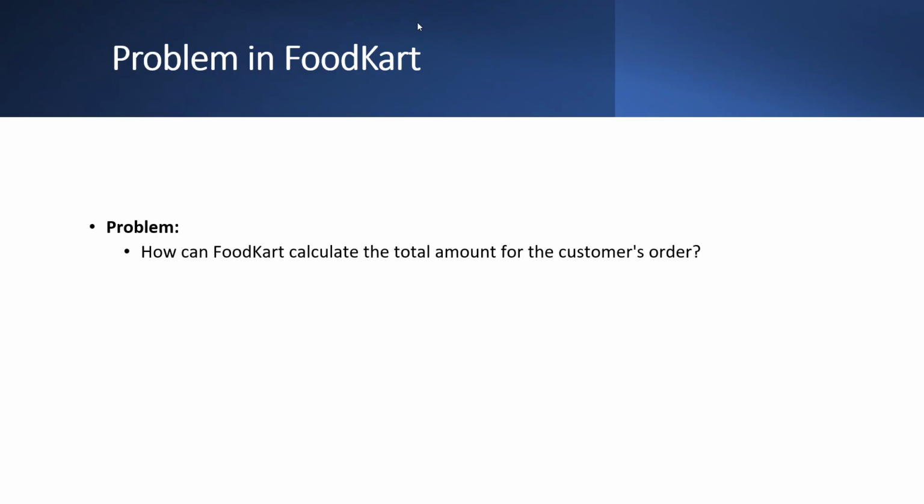So what is the actual problem here? The problem is how can FoodKart calculate the total amount for the customer's order? The solution is straightforward. We need to know the price and quantity of each food item.